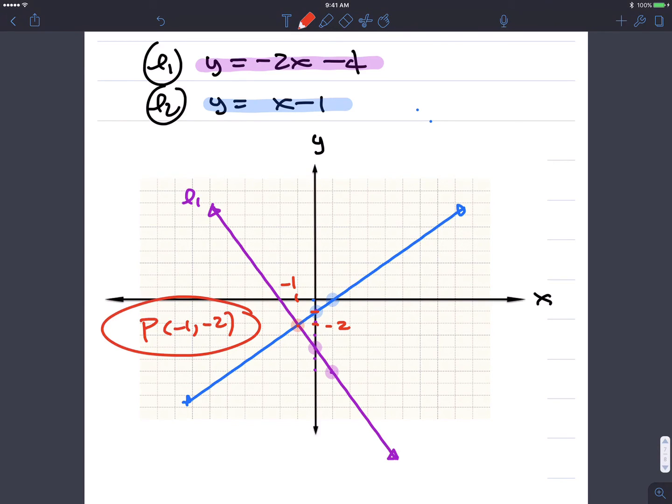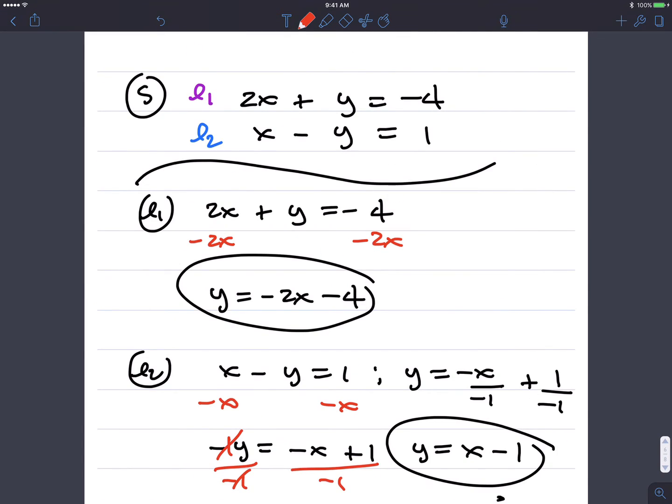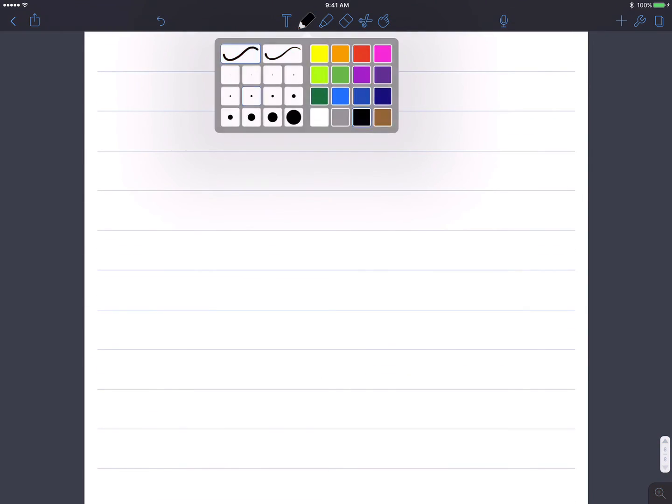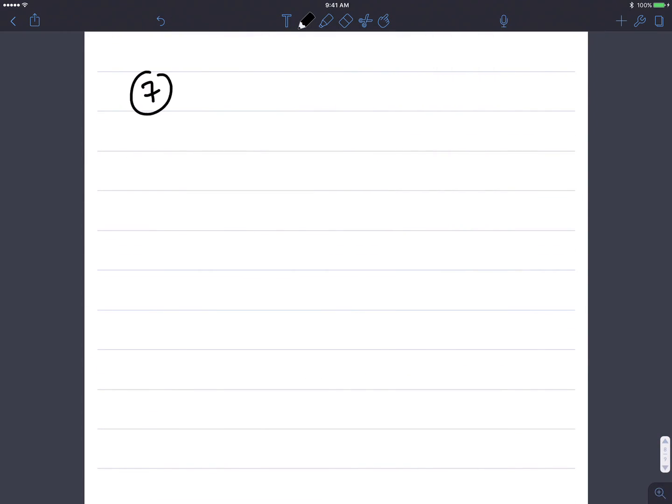Okay. This was number 5, which means we're now on number 7. 3x plus y is 6. x minus 2y is 2.